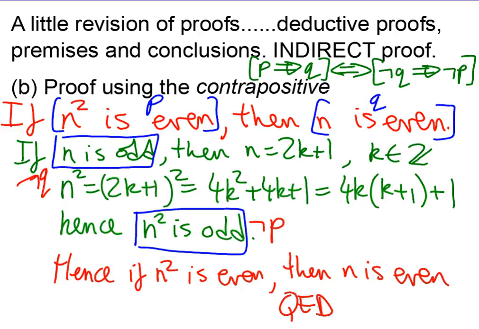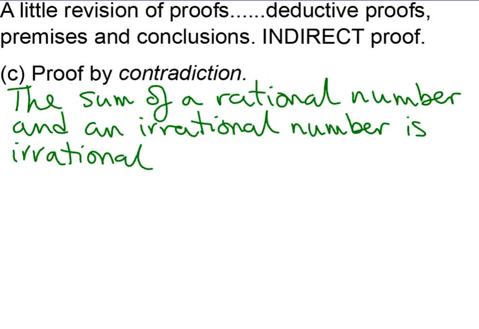That's not to be confused with the next one, which is another clever trick: proof by contradiction. So here we want to prove the sum of a rational number and an irrational number is irrational. Now this is not an implication like the previous one that said if P then Q. This is just a statement.